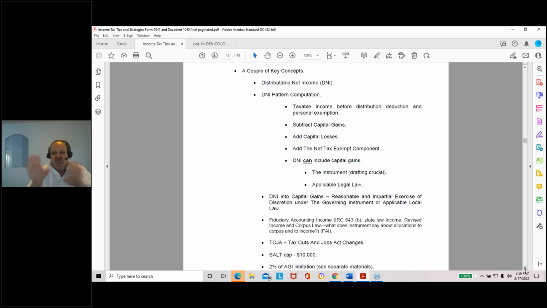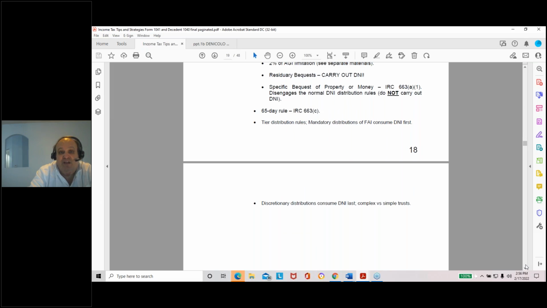So we have two things we're tracking. We have fiduciary accounting income, state law income, what does the instrument say, and also distributable net income. And distribution planning is a critical thing between looking at the fiduciary, the 1041, and looking at the decedent heir beneficiary 1040. I apologize. Residuary bequests in a will or a trust, they always carry out distributable net income.